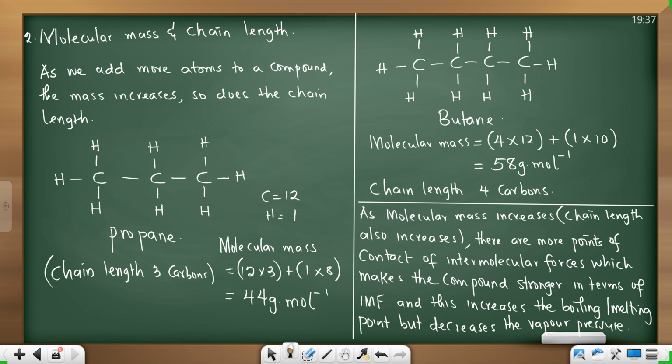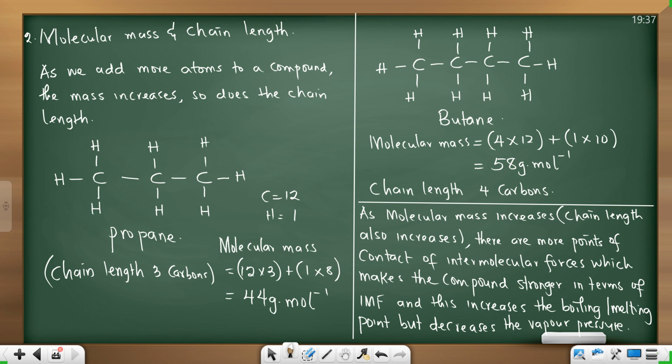So the trick here is more points of contact. As my number of carbon atoms increases, the chain length increases. More points of contact of the intermolecular force.